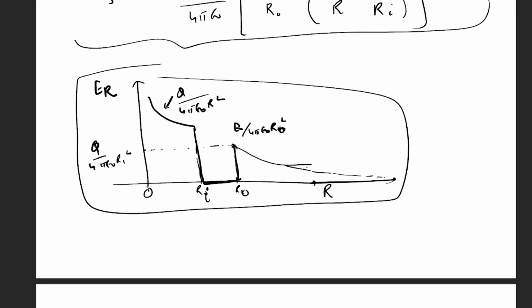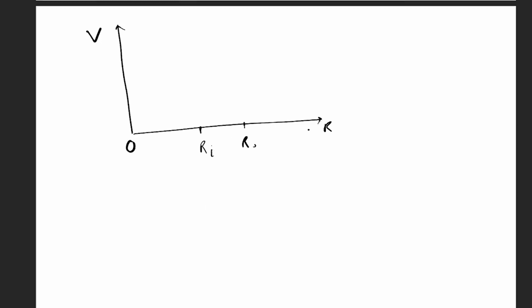Now let's plot the potential. This is the potential axis, and this is the R axis. This is V, and let us say we start from 0. We will meet at Ri, we will meet at R naught, and this is infinity.